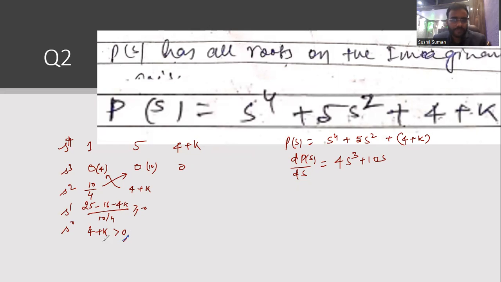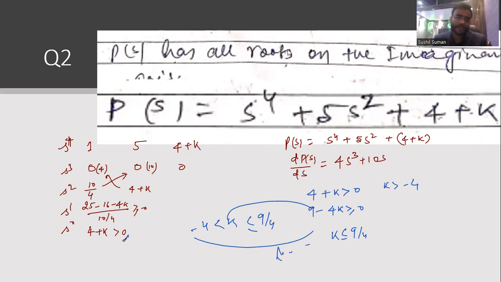So the first condition is 4 plus k should be greater than 0. The second condition is 9 minus 4k should be greater than or equal to 0. So k is less than or equal to 9 by 4, and k is greater than minus 4. So this is your range of k. Got it?